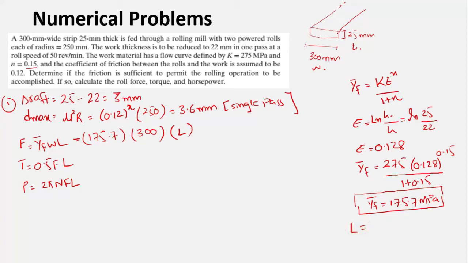It was equal to under root R into initial thickness minus final thickness. So we will have under root 250 into 25 minus 22, that is 3 millimeter. So it would be equal to 27.4 millimeter. So this is the contact length.